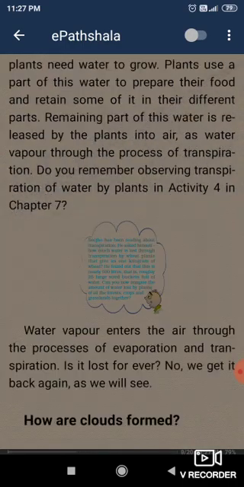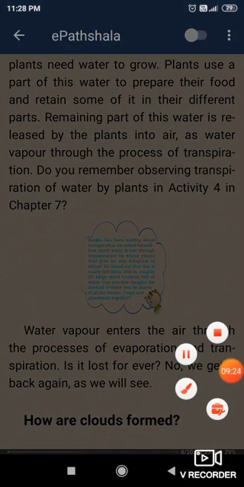The remaining part of this water is released by the plants into the air as water vapor through the process of transpiration. Do you remember observing transpiration of water by plants in Activity 4 in Chapter 7? Water vapor enters the air through the process of evaporation and transpiration. Is it lost forever? No. We get it back again, as we will see.